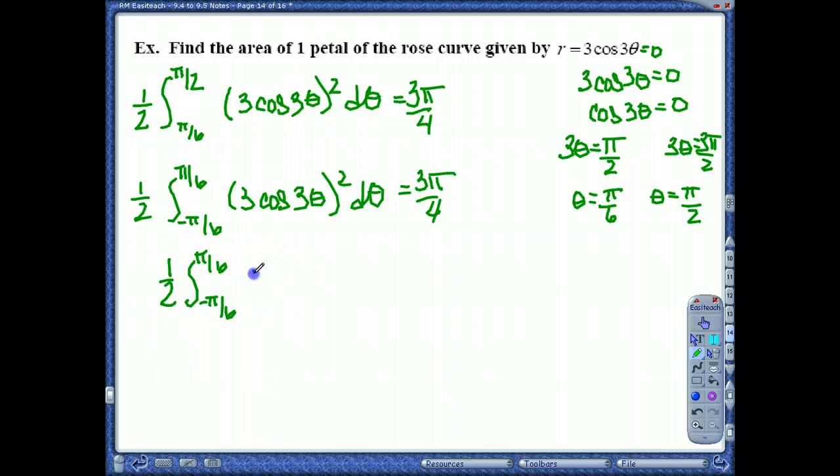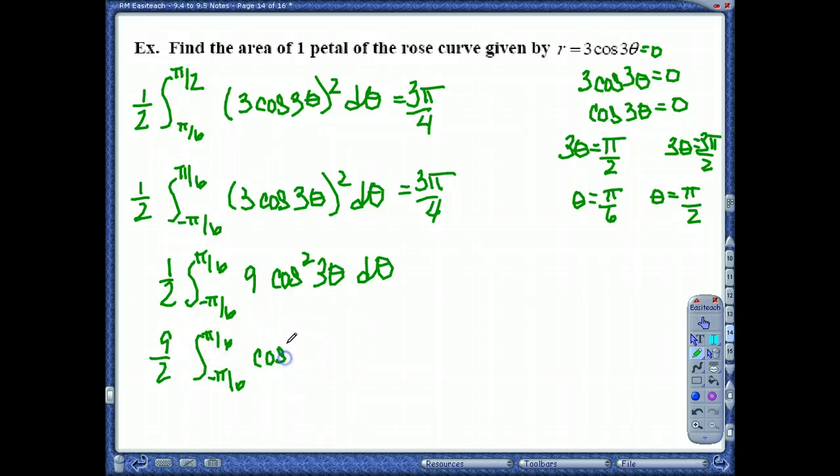3 squared is 9, and then you have cosine squared 3 theta. Take that 9 out in front. And then you have cosine squared.